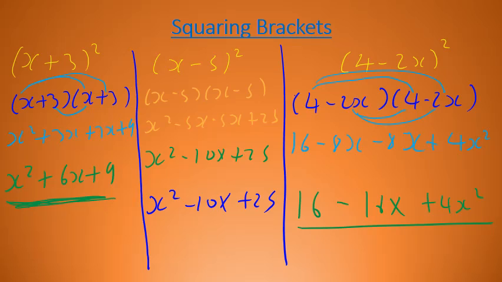However, you already knew that really, because 4 squared is 16, 4 times 2 is 8, negative 8x doubled is your negative 16x, and 2x squared is 4x squared, but a negative times a negative is a positive. This is something that I quite often share with years 7 and 8, and they're able to just do this quite quickly.